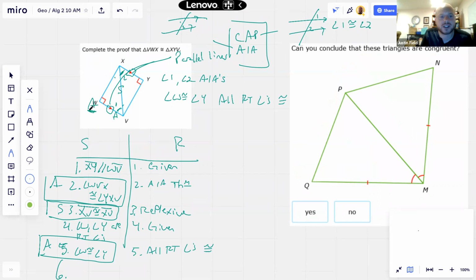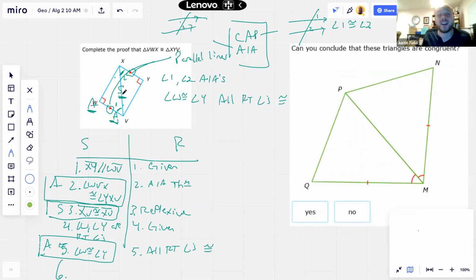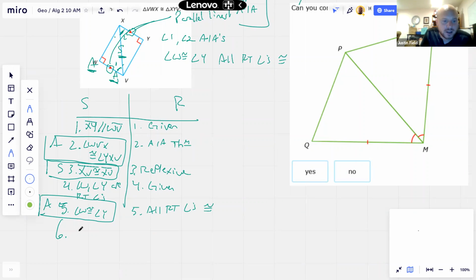So it's actually angle, angle, side. So the triangle VWX is congruent to XYV, looking at the original question. And the reason is angle, angle, side, triangle congruence.